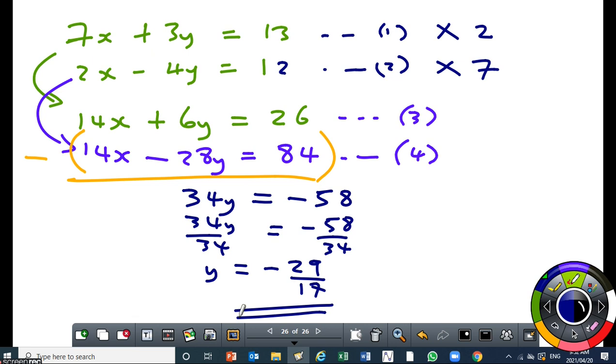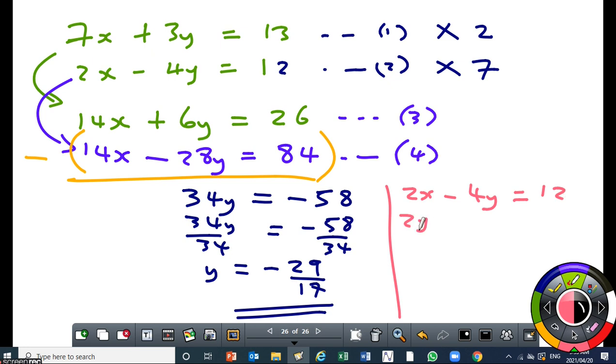If I use equation 2, remember I want to find x. So it will be 2x minus 4y is equal to 12. But I want to find x, so this becomes 2x is equal to 4 times this answer here.